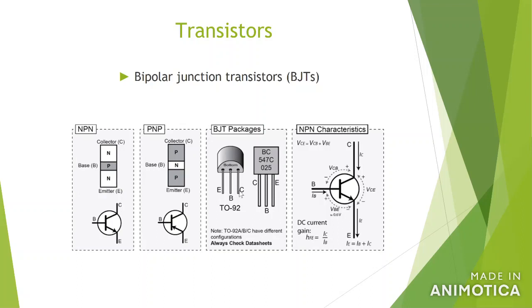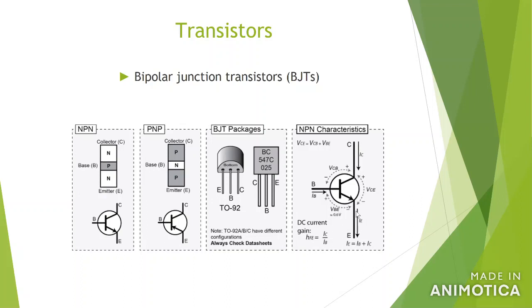In fact, regarding the property of the NPN transistor, we have a current flowing into B, called IB. IB is the current into the base. Then we have the current IC, the current flowing into the collector.